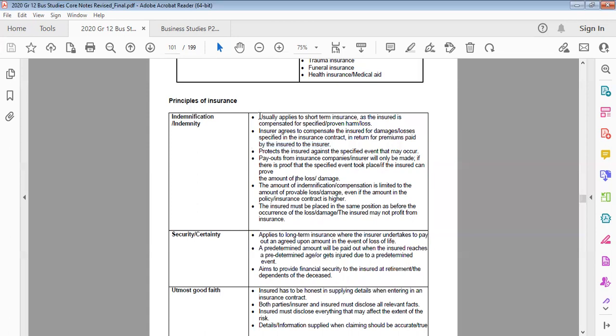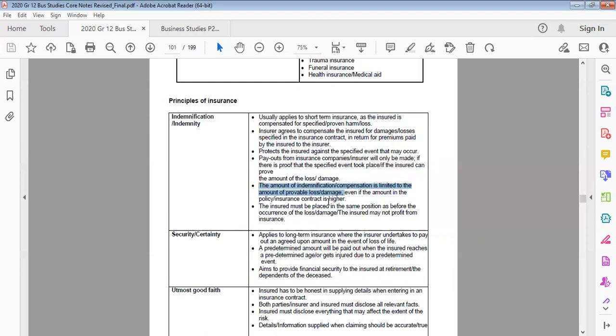Okay, so this is a bit of a repeat of the information. So what I would do here is look for information like: the amount of indemnification compensation is limited to the amount of provable loss or damage, even if the amount in the insured policy contract is higher.